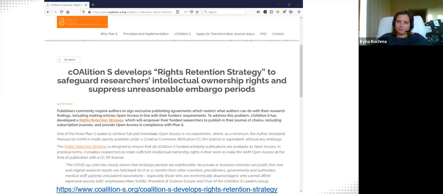To try to solve this problem, there was an initiative earlier this summer from Coalition S, a group of funders mainly in Europe, but there are also funders from North America and some African countries, and a funder from Jordan.